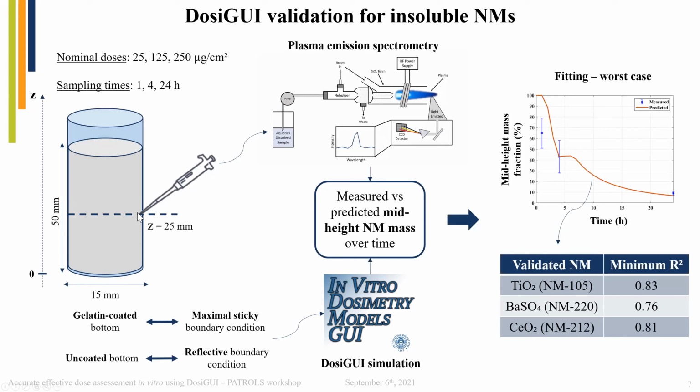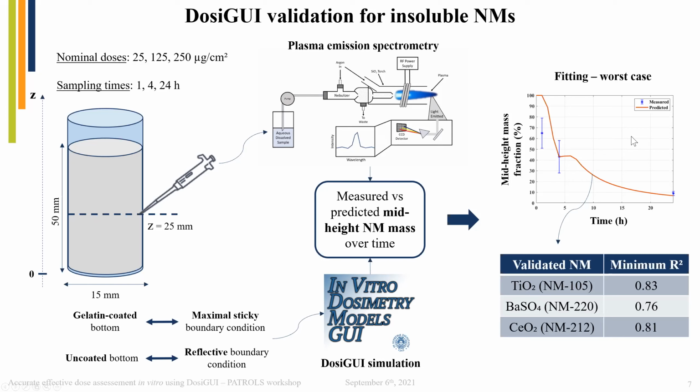So we actually took samples from a well after the particles had been introduced into the well, and we measured the amount using ICP, plasma emission spectroscopy. And we then fitted our model results to the actual data.